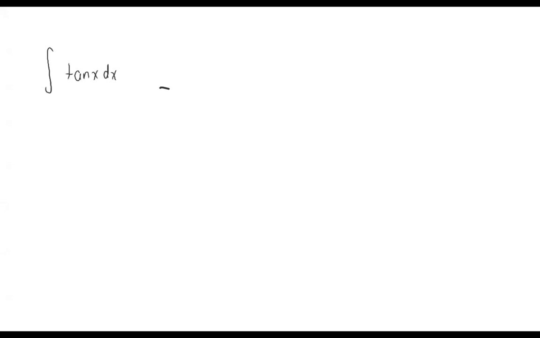Okay, so on this one, we do want to remember that, and you guys gave me this formula a few minutes ago, that tangent of x is sine x over cosine x. So we're going to go ahead with that replacement.